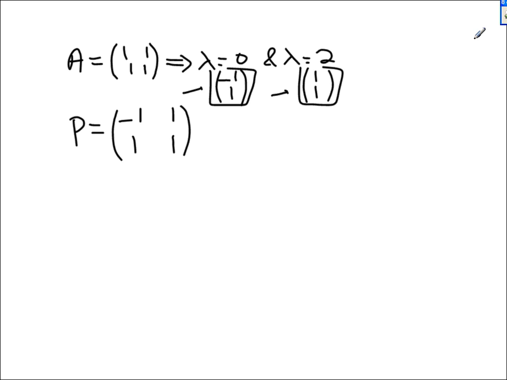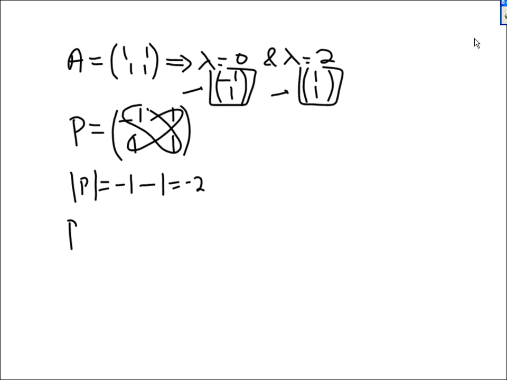That is P. The determinant of P, because I want to find P inverse, is this product, which is negative 1, minus this product, which is 1, it's negative 2. So P inverse is going to be 1 over negative 2, which is negative a half. And then I switch the 1s and negative the others, switching signs.